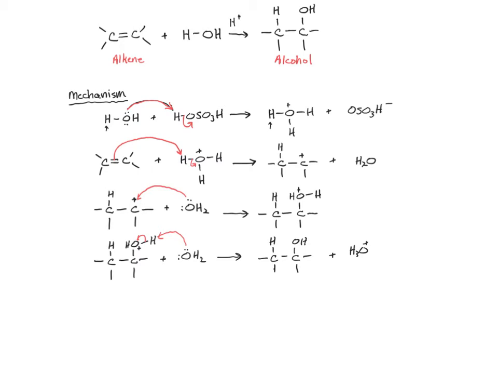The things that you need to be paying very close attention to here are the fact that we have a carbocation intermediate, and what that means is that we have to look out for rearrangement. Remember that if a rearrangement can happen to produce a more stable carbocation, it will. The other thing we need to look out for is that, because of this carbocation rearrangement, we are still bound by Markovnikov's rule.